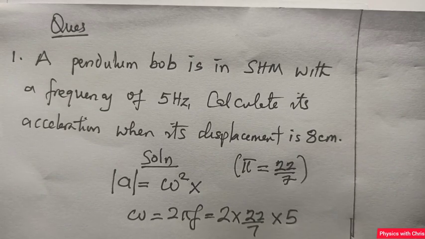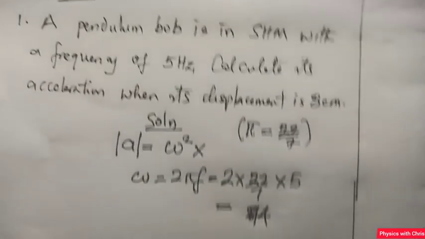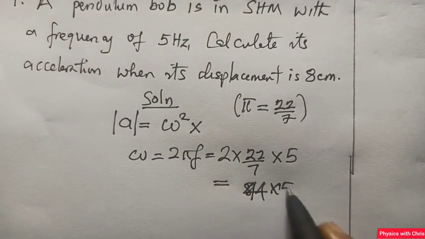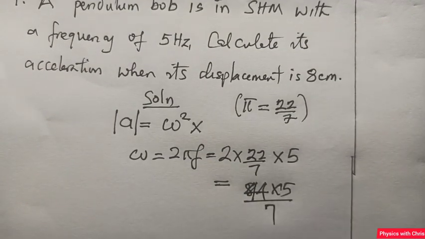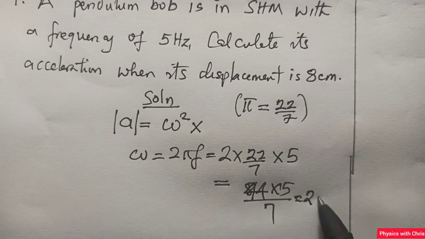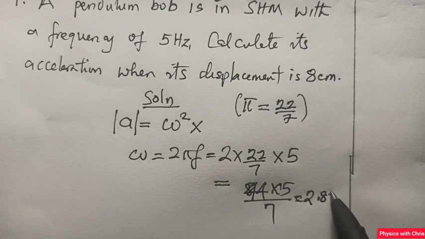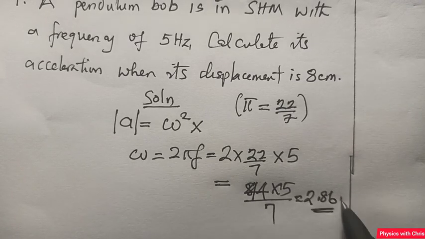Sorry, 44 times 5 rather. 44 multiplied by 5 divided by 7. That gives me 2.85, or let's round it off to 2.86 radian per second.